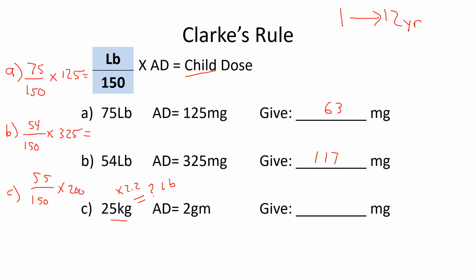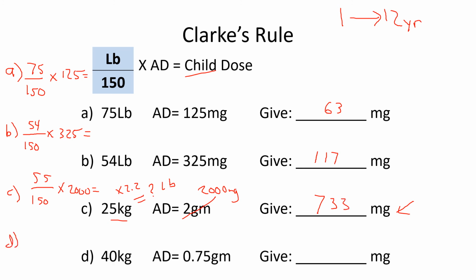Well, that's 2,000 milligrams, so we'll change that to 2,000 since the answer they wanted is milligrams. 55 over 150 times 2,000. And go ahead and do the last one, everybody.